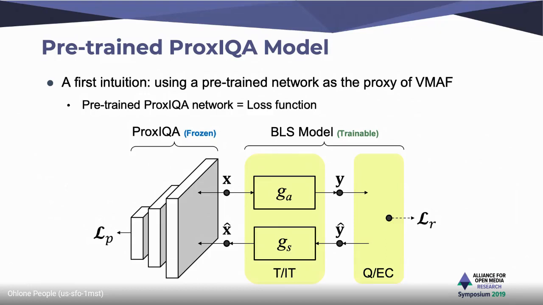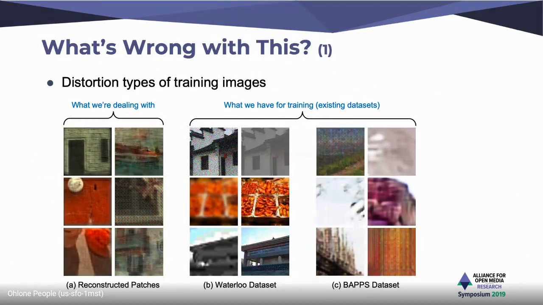But this intuitive method has some problems. The first one is that when we try to train this ProxIQA network, we can gather some available database, and because they have pristine images and distorted images, we can calculate the VMAF score of these patches and train the model.